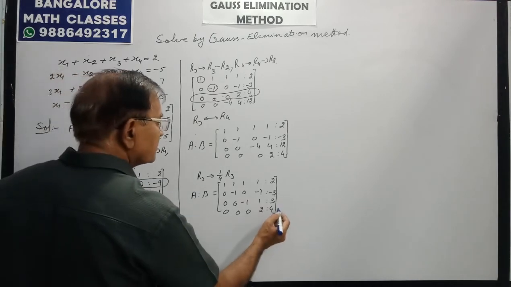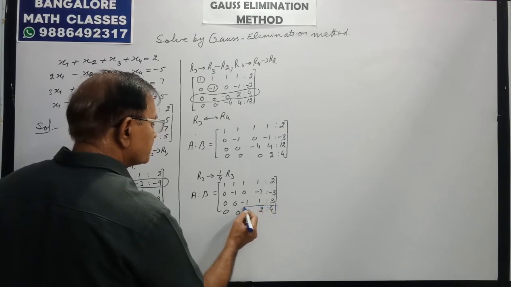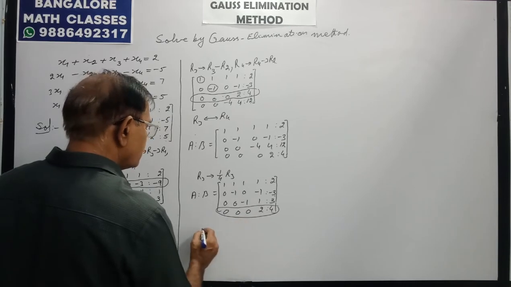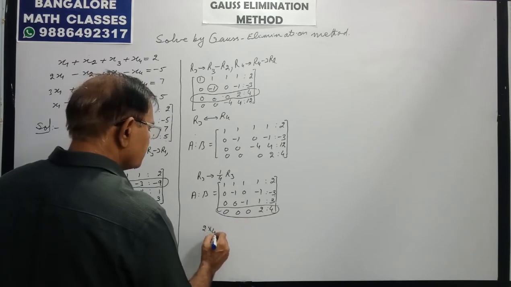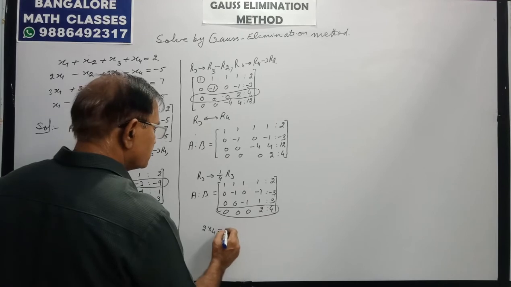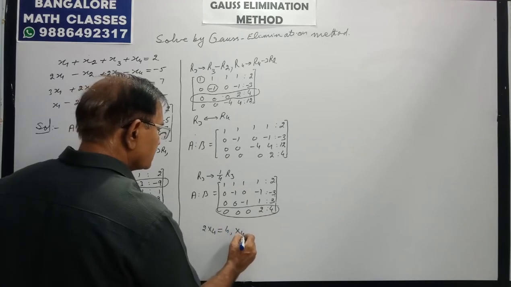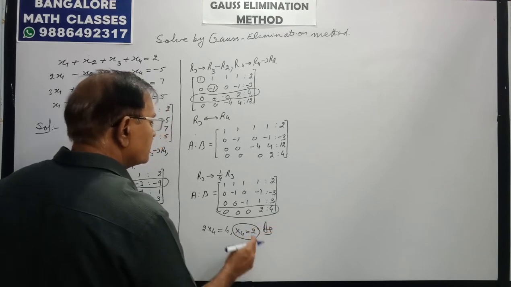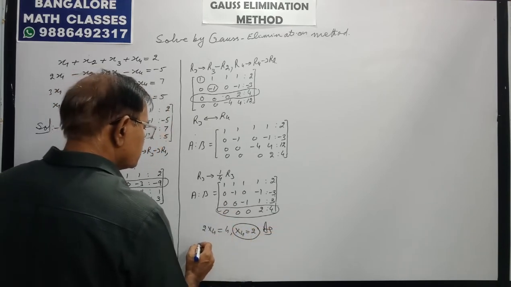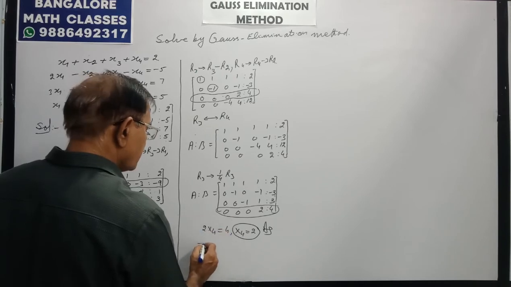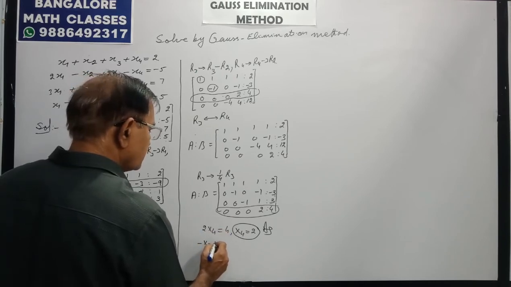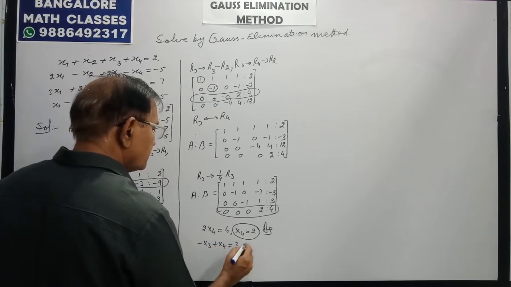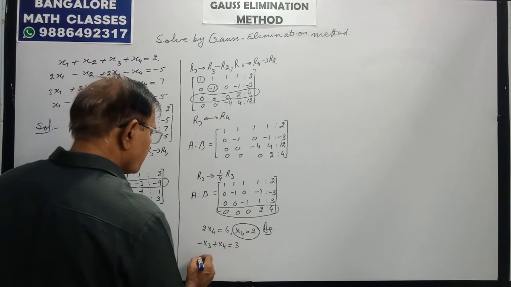So then come here for the fourth value. x1 0, x2 0, x3 0, 2x4 equals 4. Thus x4 equals 2. Here 0x1, 0x2, minus x3 plus x4 equals 3, and x4 we know is 2.